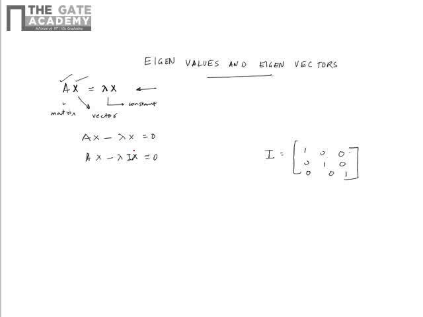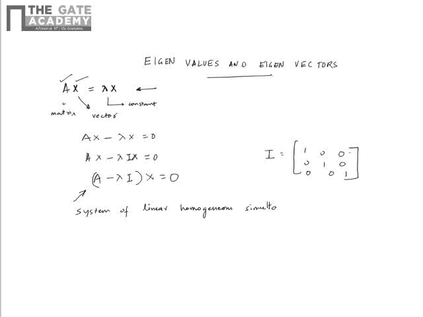Now by the properties of multiplication, I can take A minus lambda I to be common, equal to 0. So this is a system of linear homogeneous simultaneous equations.